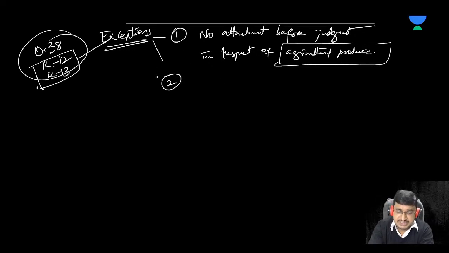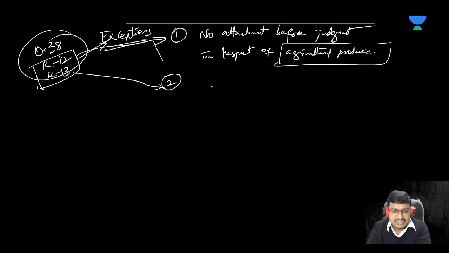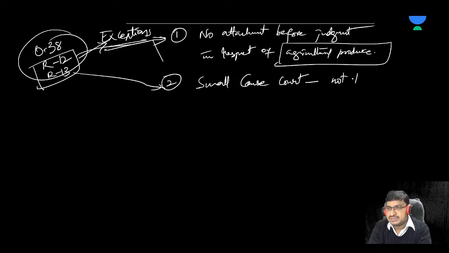The second exception is stated under Rule 13, friends. It is stated under small cause court. Small cause court not to attach immovable property.